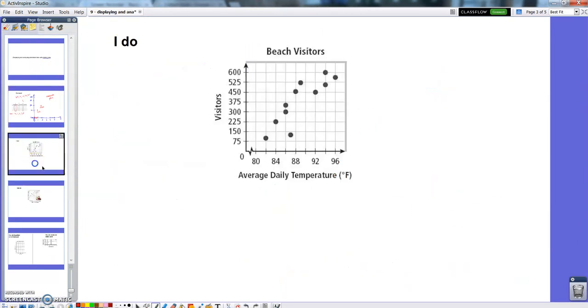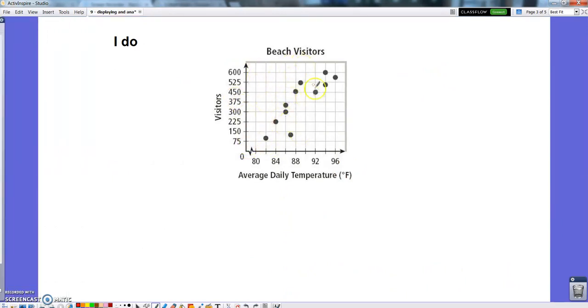Let me show you one. Here is a scatter plot. Kind of call it that because these points get kind of all scattered about. And when I look at this scatter plot, I think of it the same way as the coordinate plane. So like, let's find an obvious one. When I look at, say, this point right here, that point was put there. So what this scatter plot shows us, this is average daily temperature and the number of visitors to the beach, right?